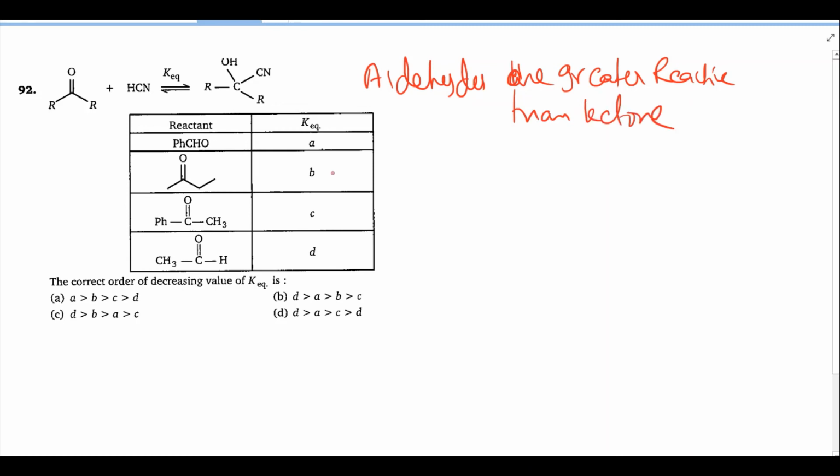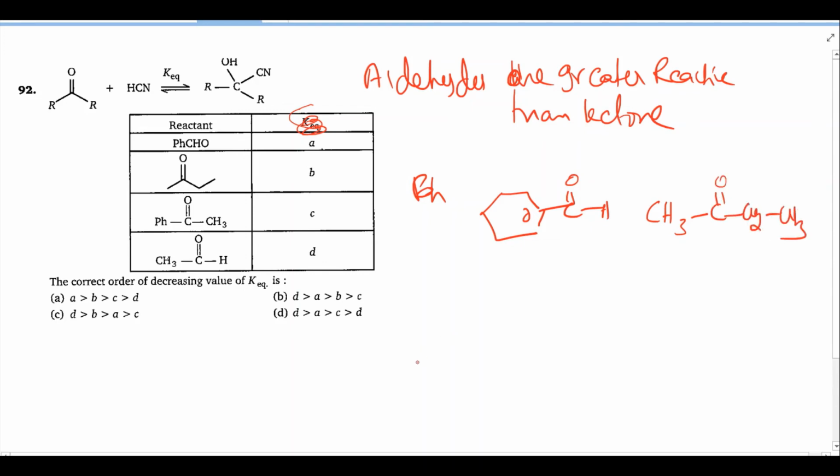So you can observe this, first of all I will write it here, pH like benzene, this is benzaldehyde. Okay, they gave the equilibrium constant, that means according to the reactivity order you write. So CH3, C double bond O, CH2, CH3, and another thing, pH like benzene only, I will write it here, benzene.